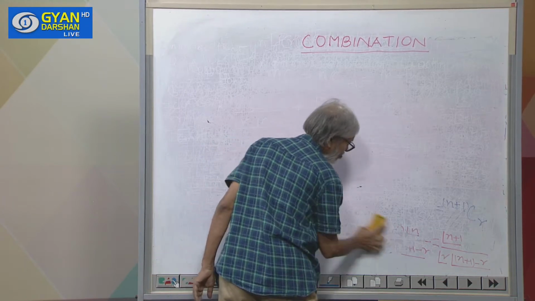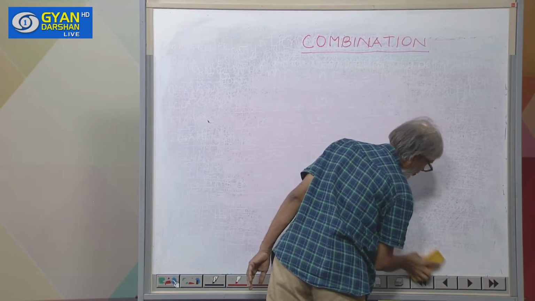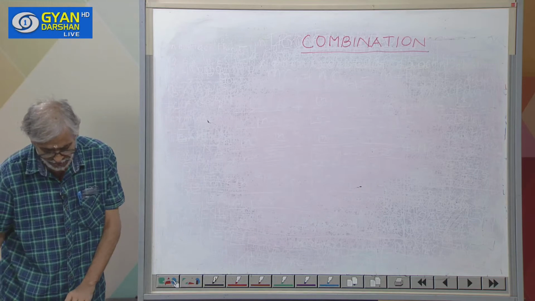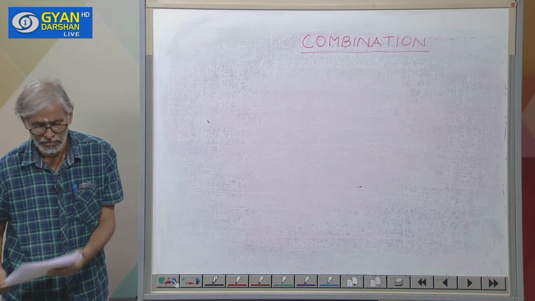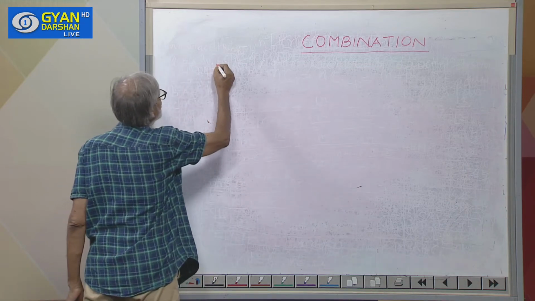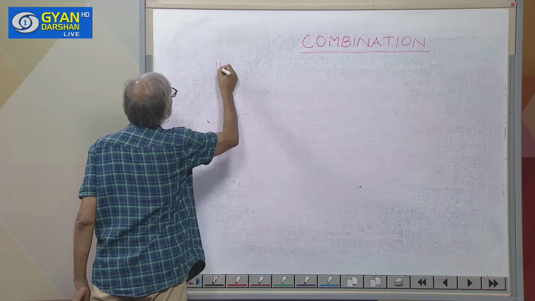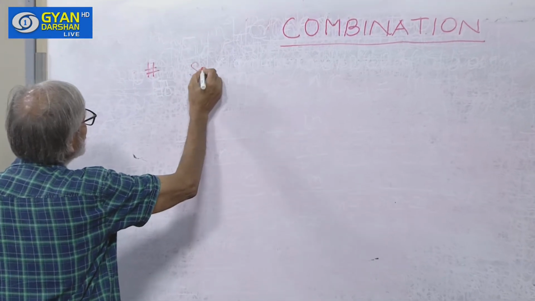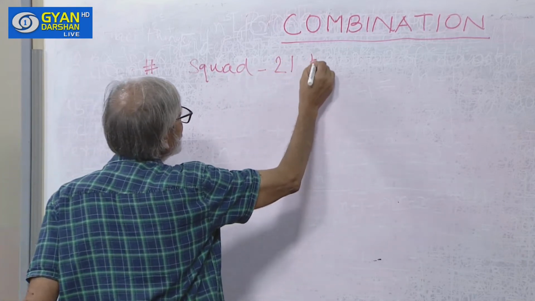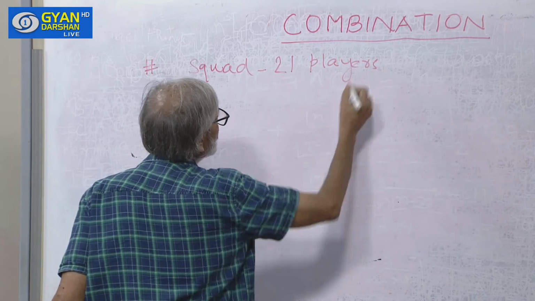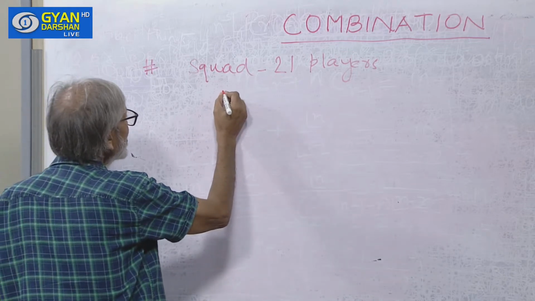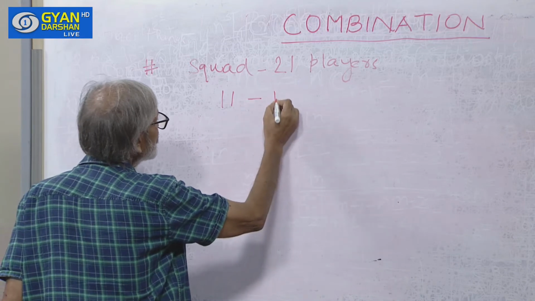Let us take a few more examples. Say the question is that from a squad of say 21 players, 11 batsmen are there in this.